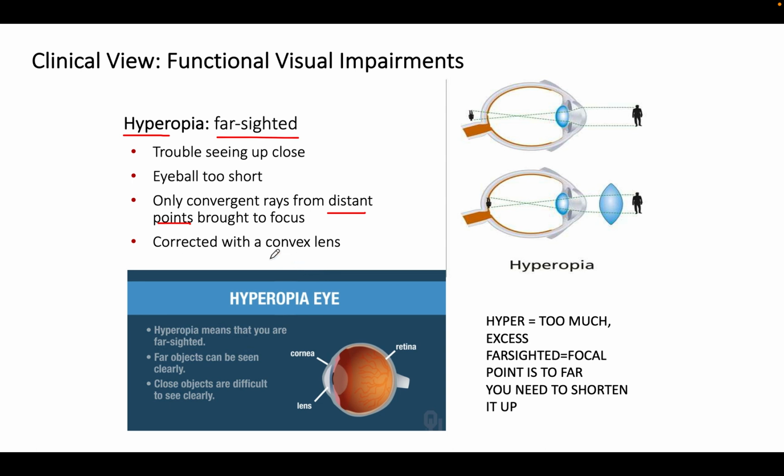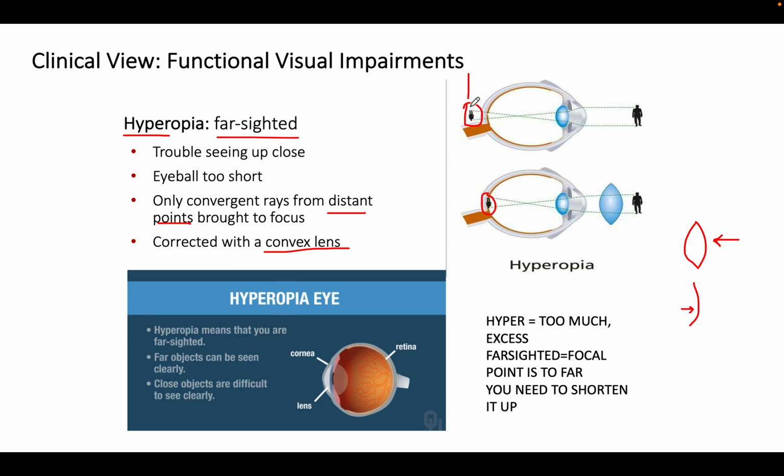So the way you treat this is you can apply prescription glasses that have a convex lens, meaning they're curved outward. So this shape here is convex. Concave is when you have something like this, right? So this is a concave structure here. This is convex. What this does is it begins to focus the image on the actual retina, as opposed to being focused beyond the retina.